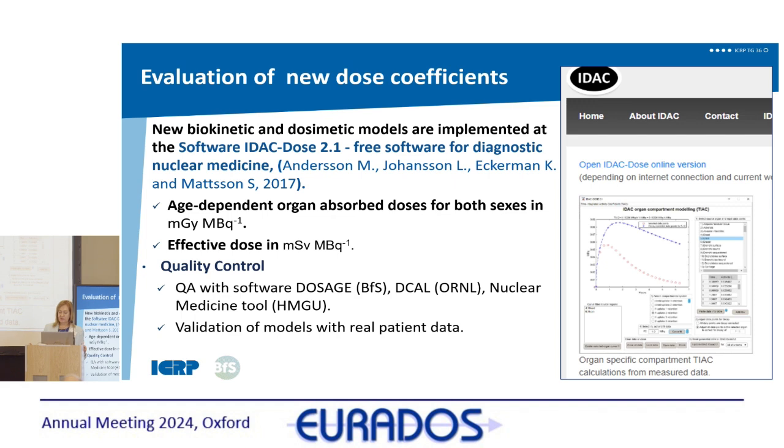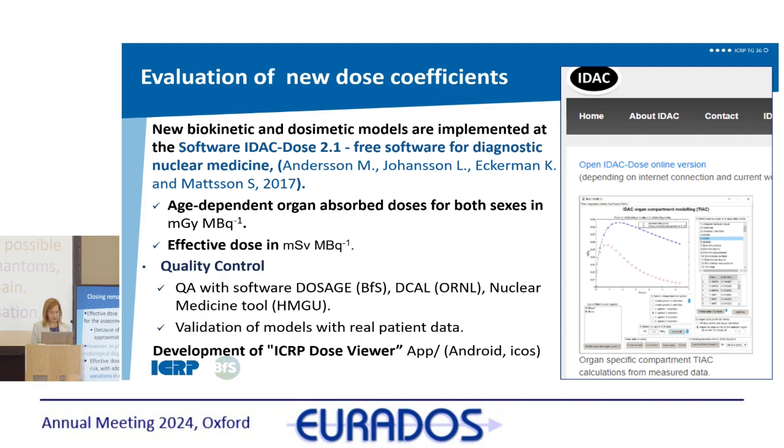I would like to mention that for these dose coefficients, actually all dose coefficients that the ICRP is developing, there is a big QA activity. This is one of the reasons that the development of these coefficients is really a long procedure, but we think that it is important.